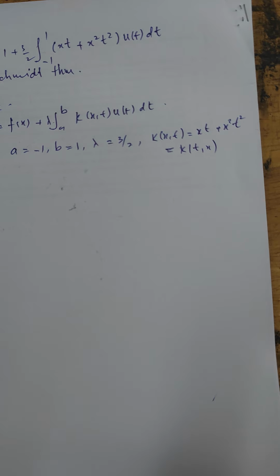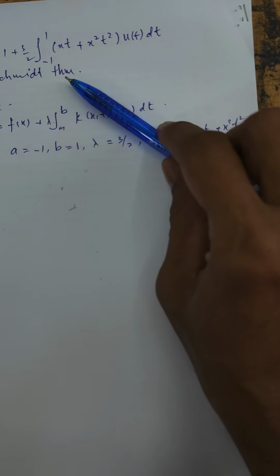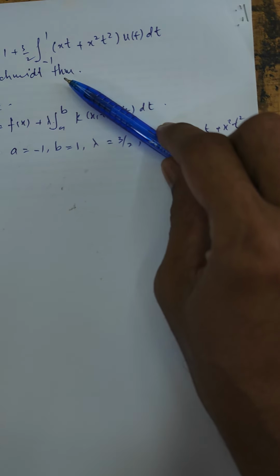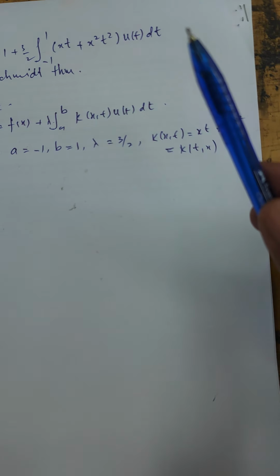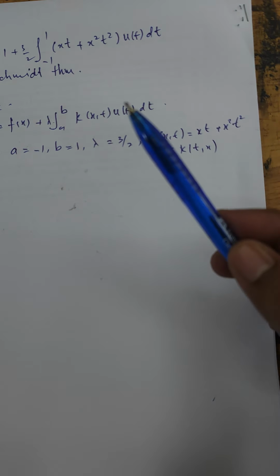The main point in solving this equation using Hilbert-Schmidt is that first you need to consider the homogeneous equation. From there, we find the eigenvalues.